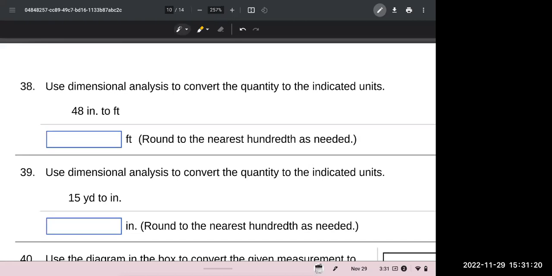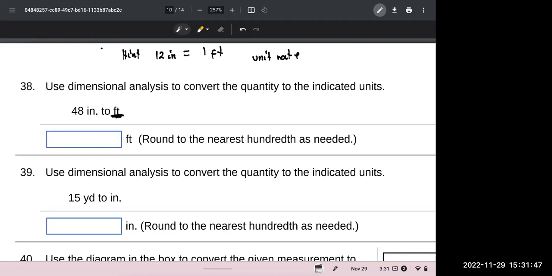So here you need to remember that the hint will be that 12 inches is equal to 1 foot. So we need to multiply by unit rate. You want to create that unit rate. So your solution must be in feet. We need to leave the answer in feet.